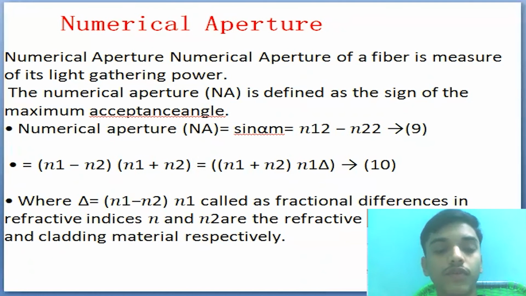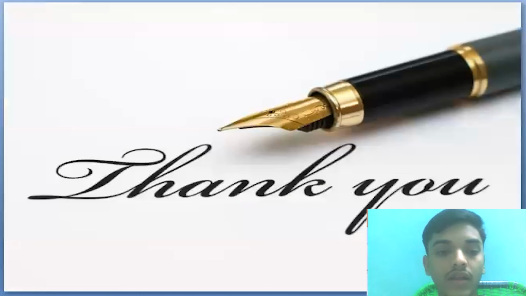So as for now, re-summarizing the concept: what is acceptance angle, what is acceptance cone, what is numerical aperture. Acceptance angle is the maximum angle at which light propagating at the surface of the core gets total internal reflection within the acceptance cone. From the acceptance angle you can get the acceptance cone.